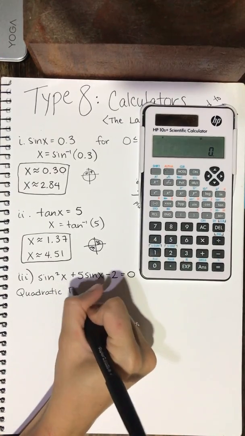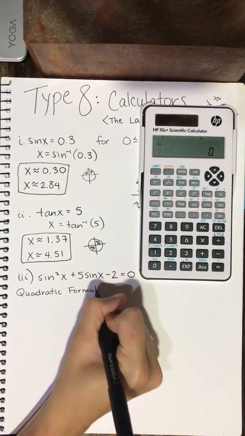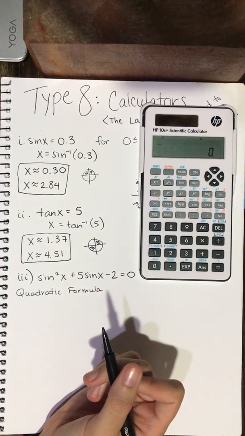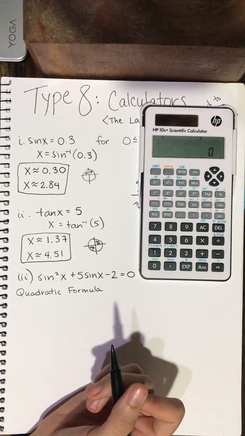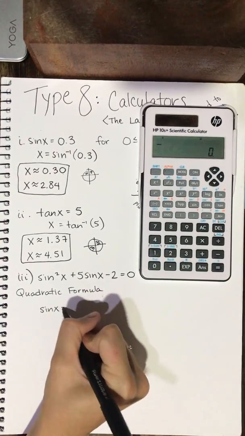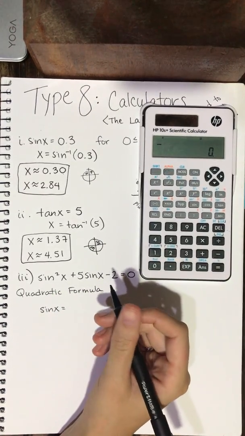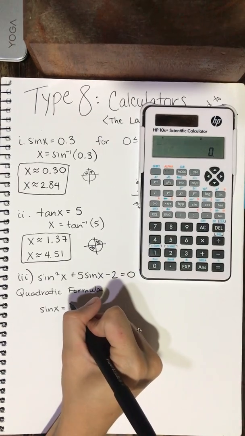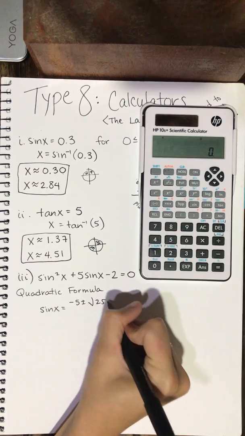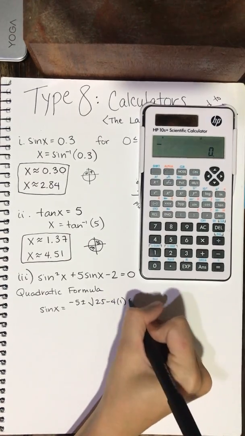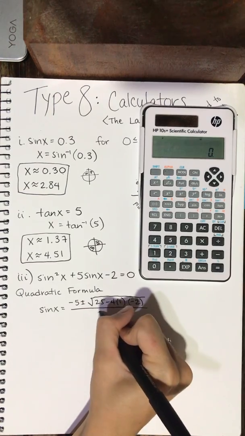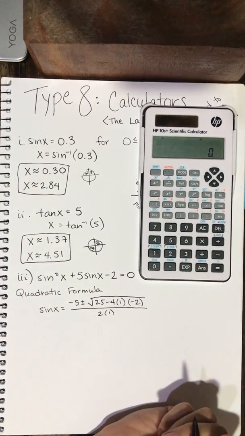Quadratic formula. Now, normally we would say x is equal to something, but here my x is sort of the sine, right? So I'm going to say that sine of x is equal to, shall we all sing it together? Sine of x equals negative b plus or minus square root b squared minus 4ac all over 2a.